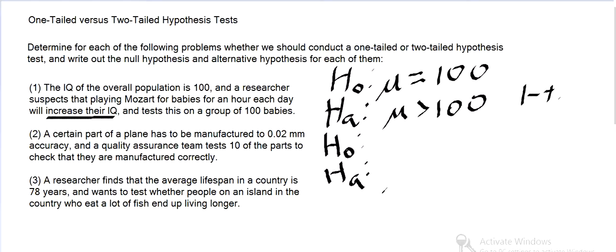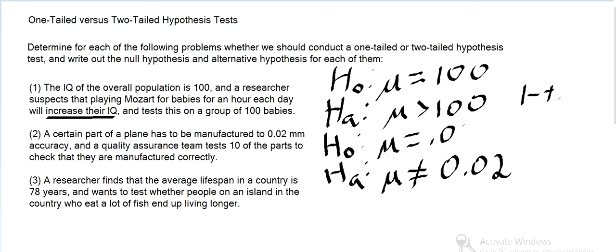So we can say the mean inaccuracy is not equal to 0.02. That's what we would conclude if we found the claim is not true. And then the null claim is that the mean accuracy actually is 0.02.